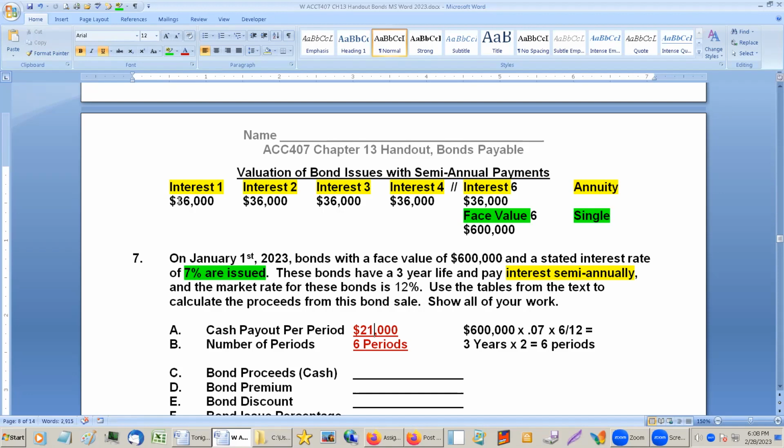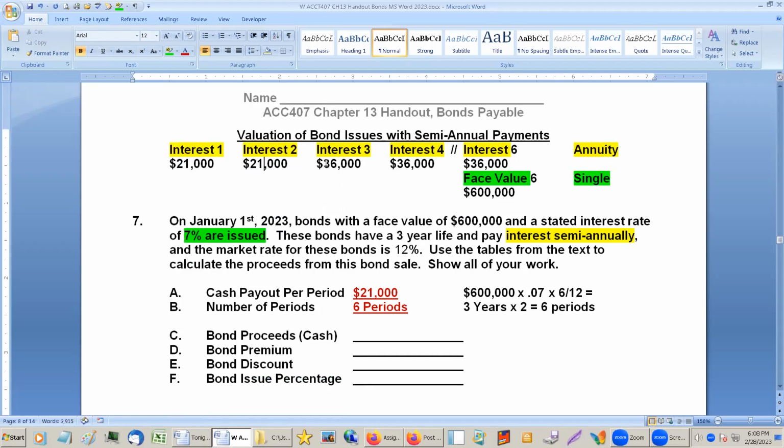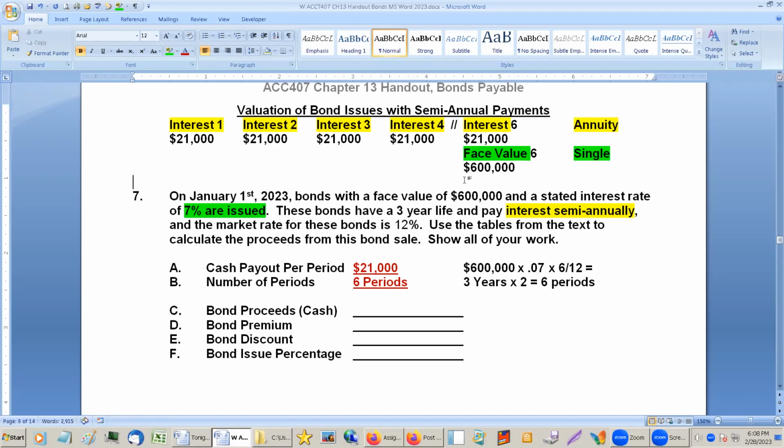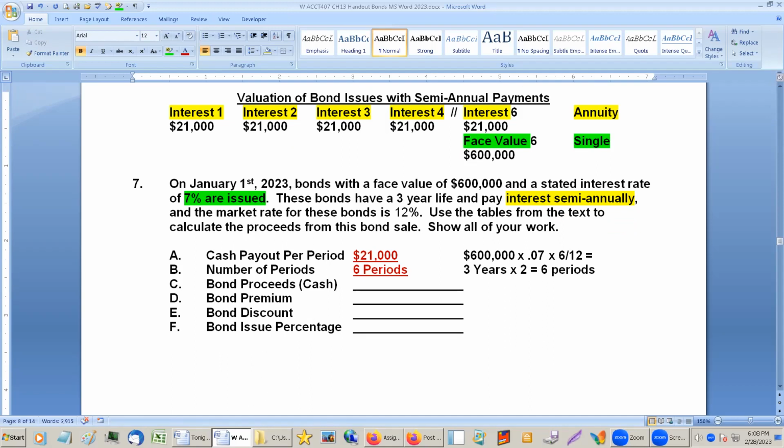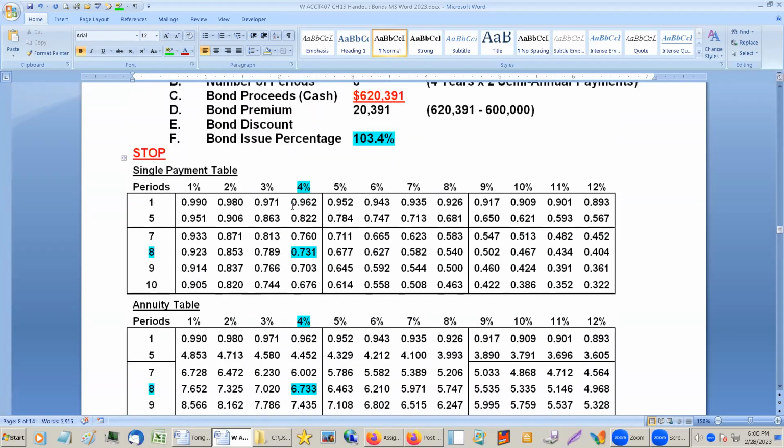So I have to change all of it. Every period, we're going to pay out 21,000 twice a year. And then we have the face amount we're going to pay out at the end. Okay, so copy this stuff.